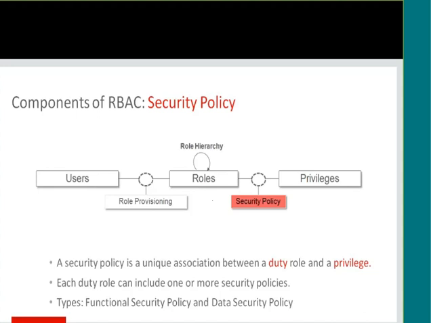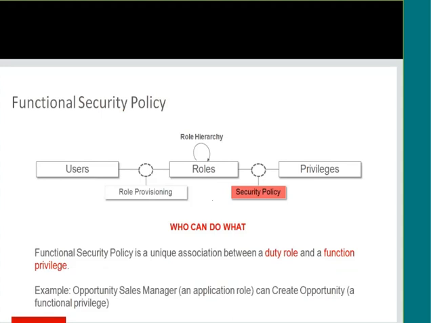Since we talked about function privilege and data privilege, similarly you have security policies which cater to them, called functional security policy and data security policy. What is a functional security policy? It is nothing but saying who can do what, right? The word who represents an application role, and the word what represents a privilege.